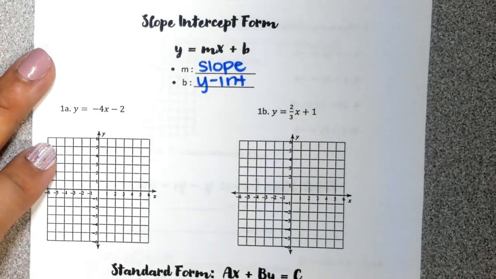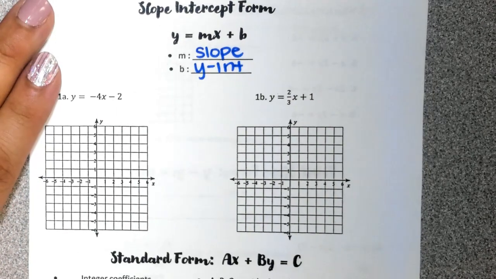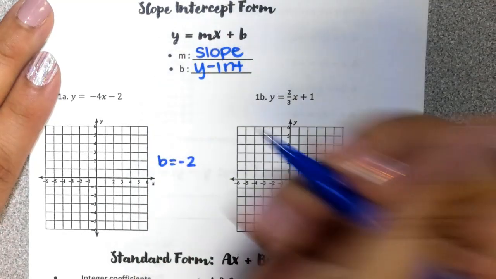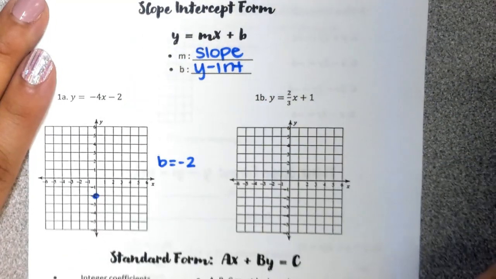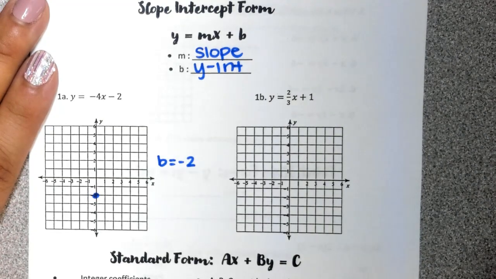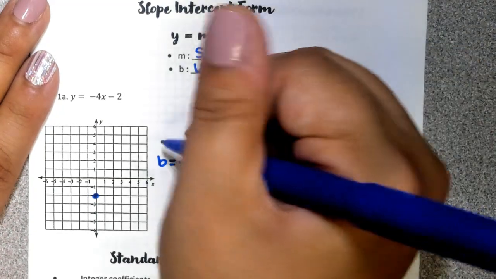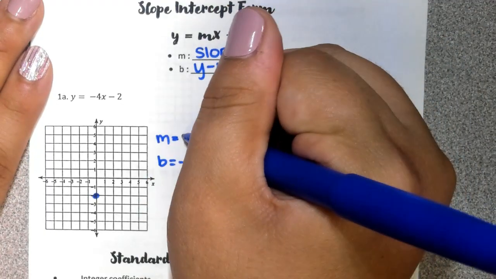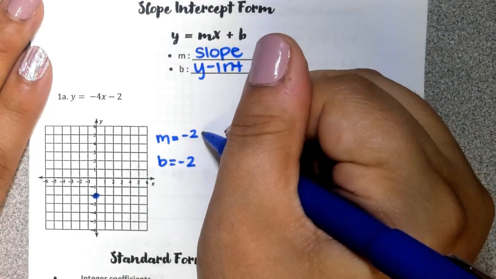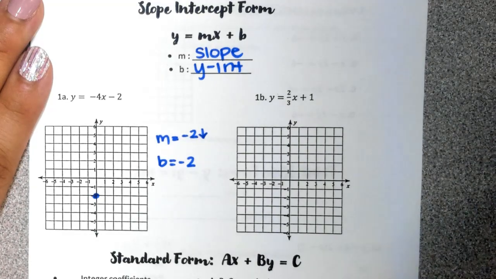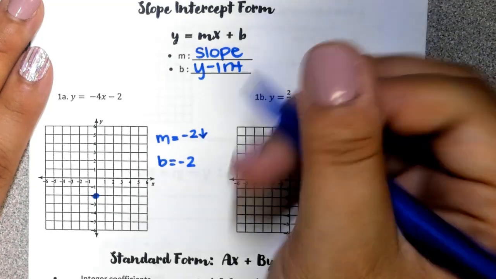So for number 1A, where does this line begin on my y-axis? It begins at -2. Everybody plot that point. Cooper, you with me? Write it down. All right. How is this going to move? What's my M? -2. It is going to move down, and we're always going to go right in this room.